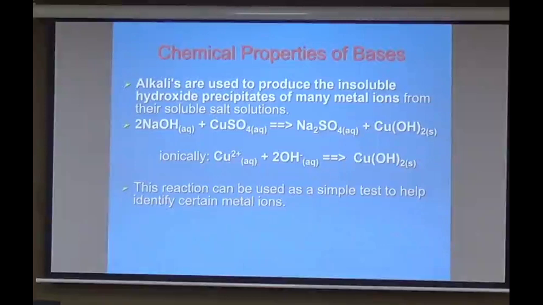Copper hydroxide appears in the solution in the form of precipitate. When we say precipitate, precipitate means insoluble solid which is formed in the solution. So this reaction is a simple test to identify certain metal ions and can also be referred to as a precipitation reaction.